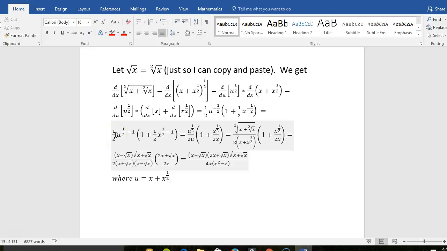The next step I would have done by the law of exponents, I'd have 1/2 times u to the half times u to the negative 1. But I'd rather write it like this: 1/2 times u to the 1/2 times u to the negative 1. And then this guy right here, the 1 plus, just stays put.